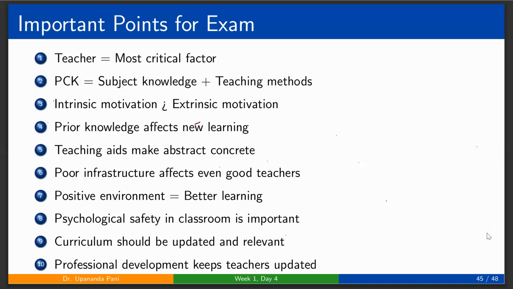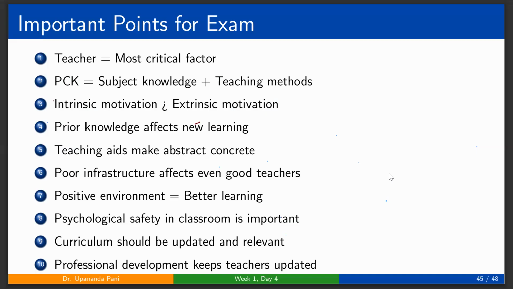Now, for the UGC NET exam, what is important over here? Teacher is the most critical factor. PCK is pedagogical content knowledge, basically subject knowledge plus teaching methods. Intrinsic motivation versus extrinsic motivation. Prior knowledge affects new learning.